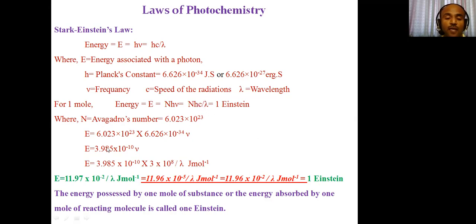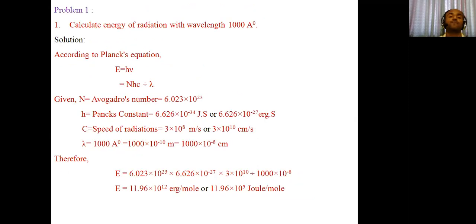Therefore, we can calculate, and after calculation we get this final value, that is energy is equal to 11.96 into 10 raised to 5 divided by lambda, that is joule per mole, that is equal to Einstein. The energy possessed by 1 mole of a substance, or the energy absorbed by 1 mole of reacting molecules, is called 1 Einstein. Now there are some problems based on these.